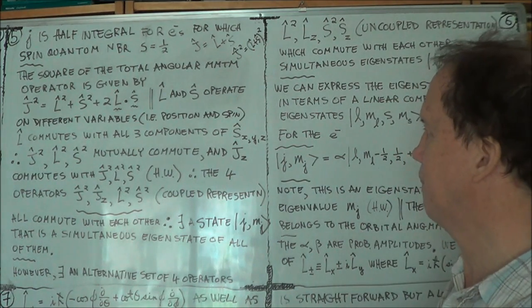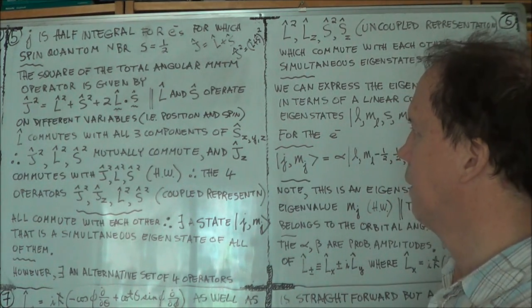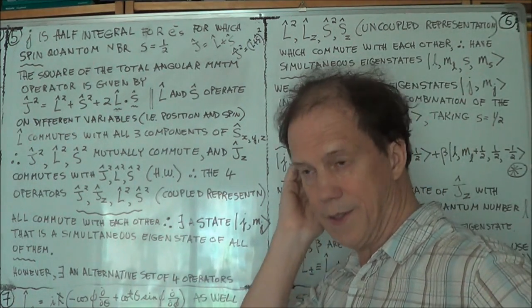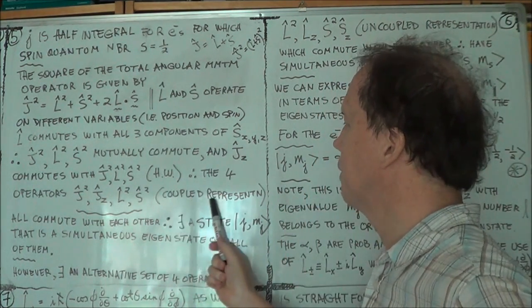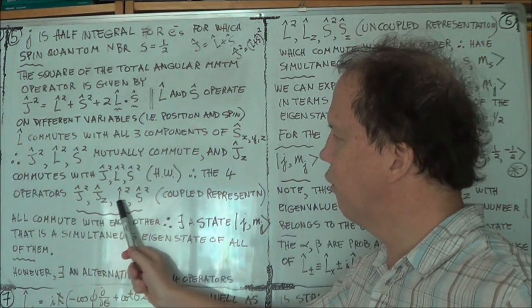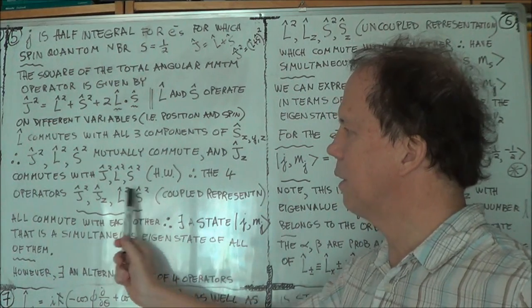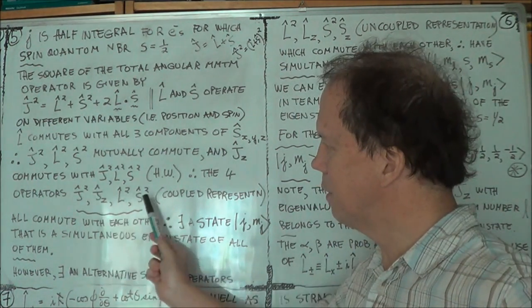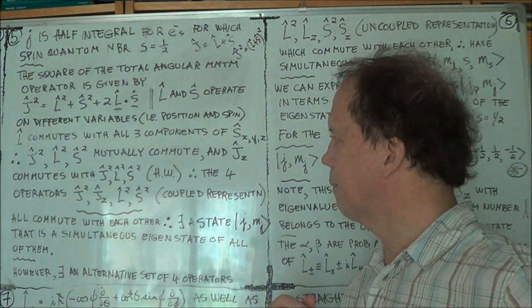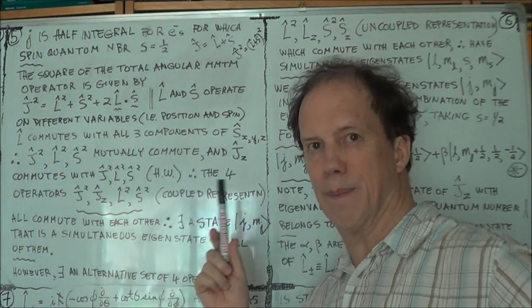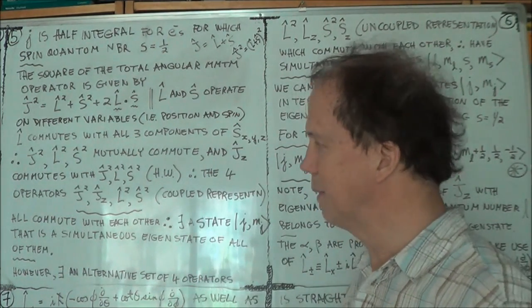Now I'm going to give you the first concrete example of what's meant by a coupled representation. These four operators, which all commute as a set, are said to be a coupled representation of your composite, multi-part system.